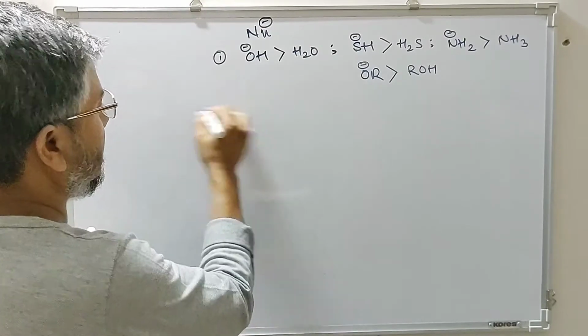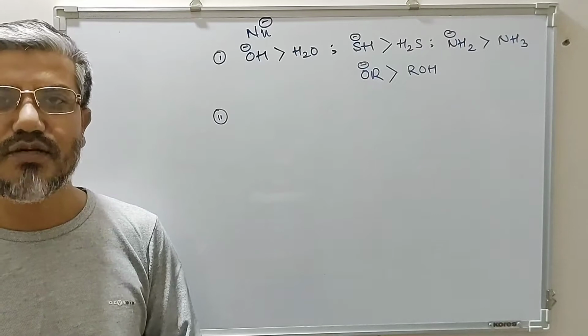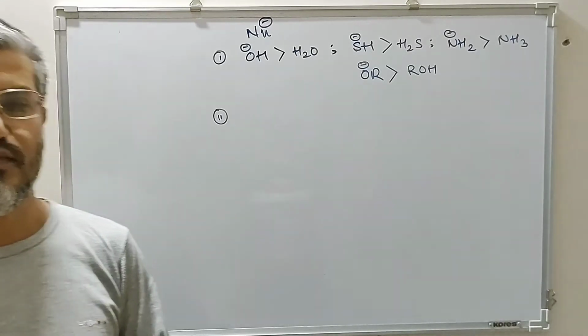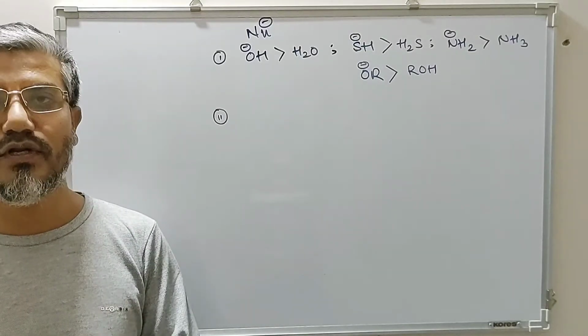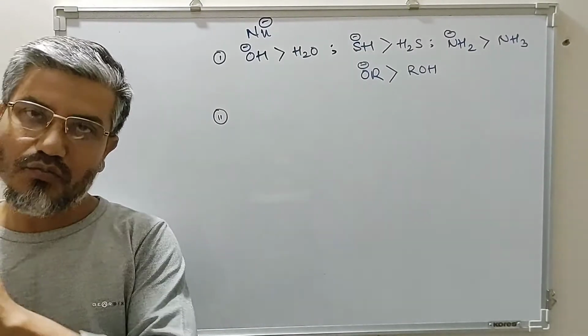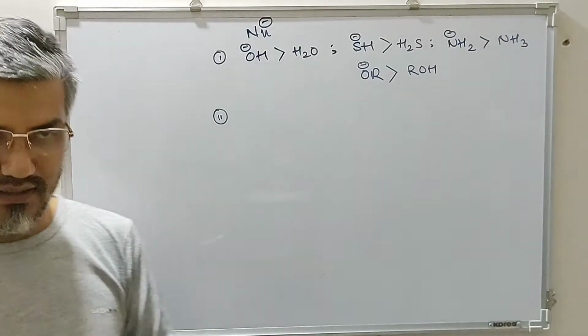Second point. If the nucleophilic atoms belong to the same period of the periodic table, then moving from left to right, the nucleophilic character decreases.